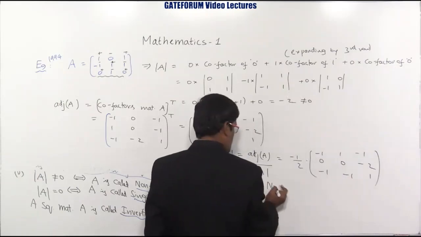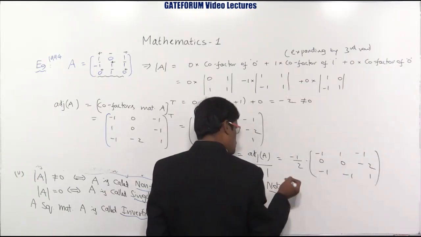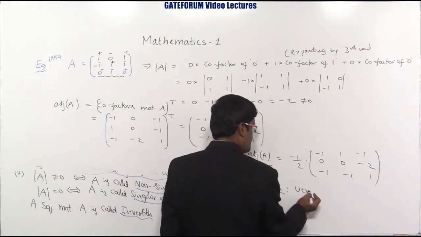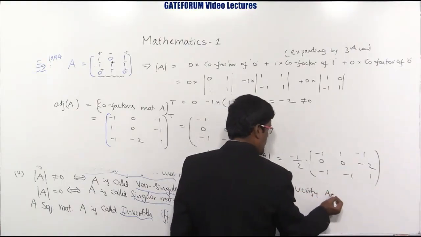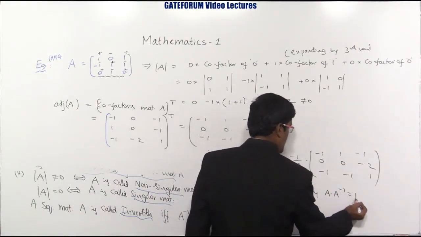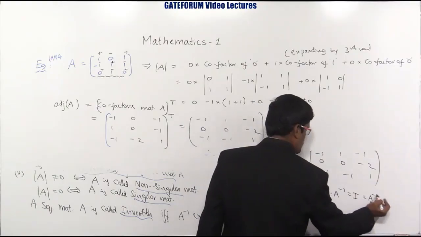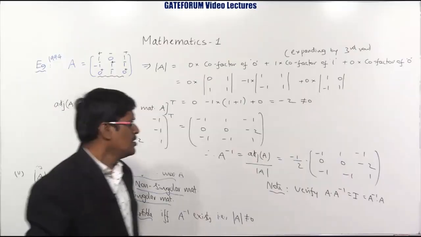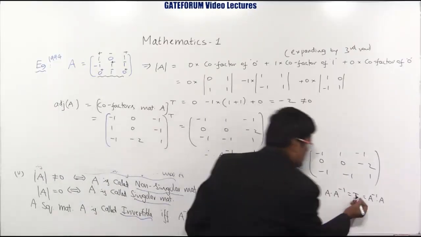So if options are given, you can use the options method by using this note point: verify A into A inverse is equal to I. Similarly, A inverse into A is also I. When a matrix is multiplied by its inverse, the answer is compulsorily the identity matrix.